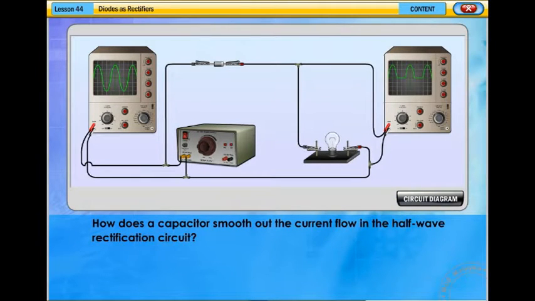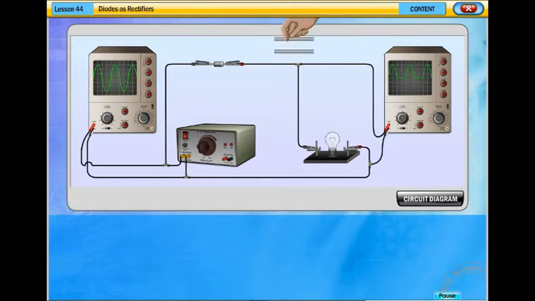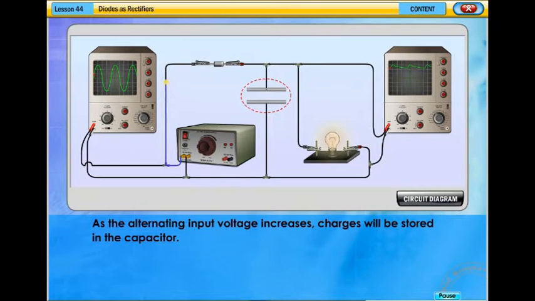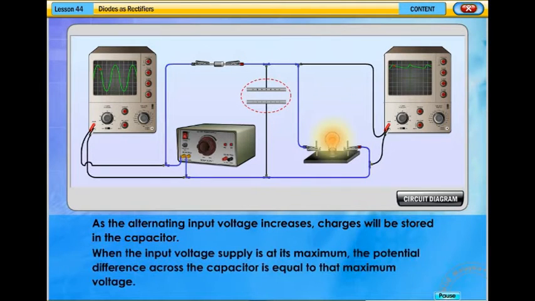How does a capacitor smooth out the current flow in the half-wave rectification circuit? As the alternating input voltage increases, charges will be stored in the capacitor.